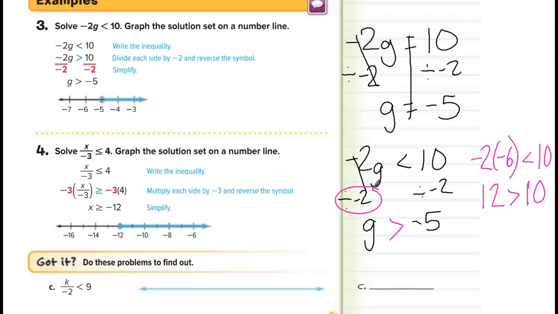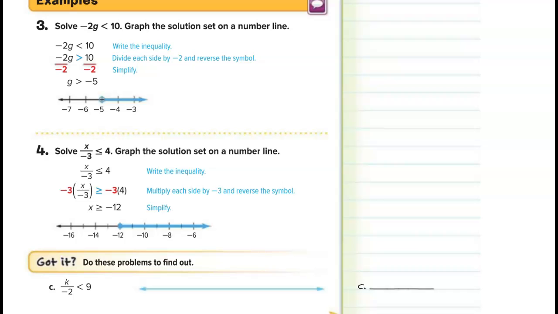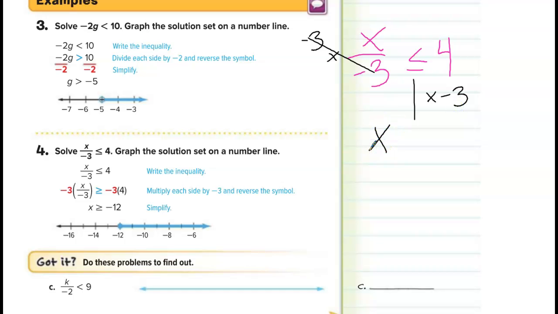Okay? So if I have x over negative 3 is less than or equal to 4, what operation are x and negative 3? Division. So what's the opposite? So I multiply by negative 3, multiply by negative 3. Am I going to keep or change the sign? Change, because I'm multiplying by a negative number.